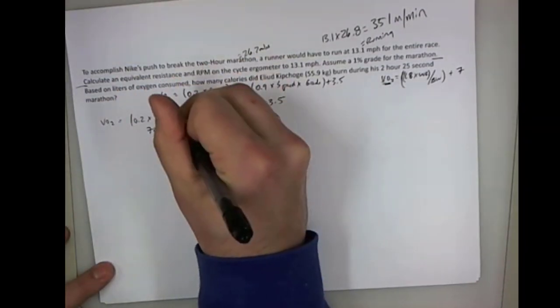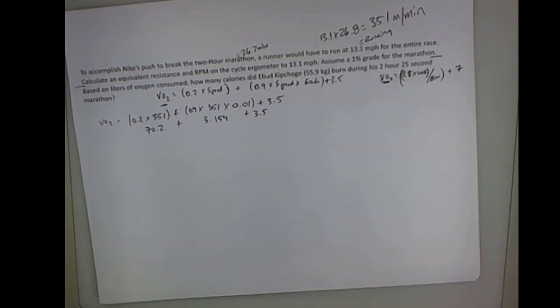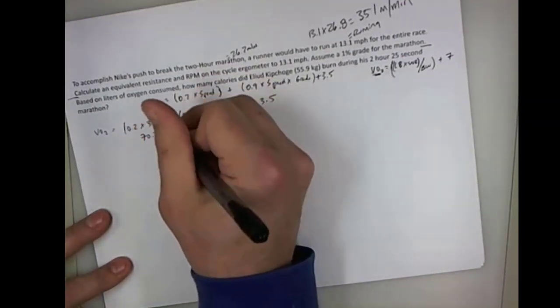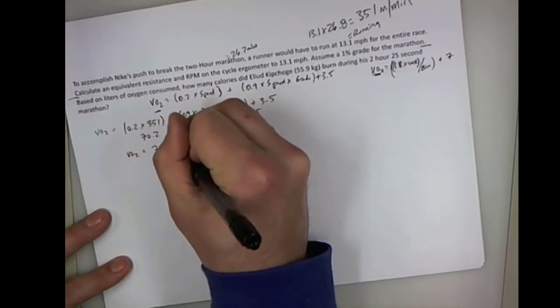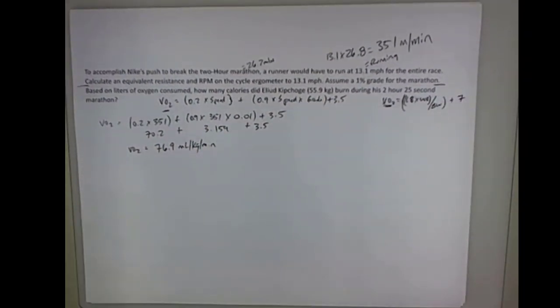That equals 70.2 plus 3.159 plus 3.5, which gives us a VO2 of 76.9 mL per kg per minute. So it's estimated that during this race he has a VO2 of just shy of 77, which is pretty amazing.